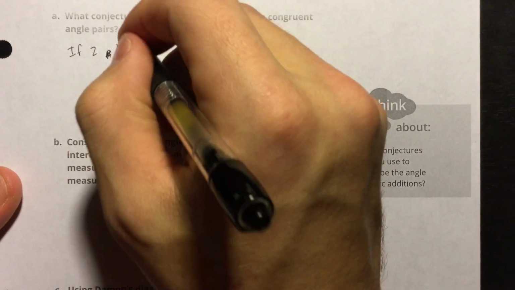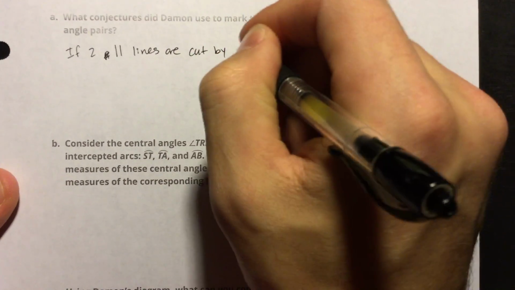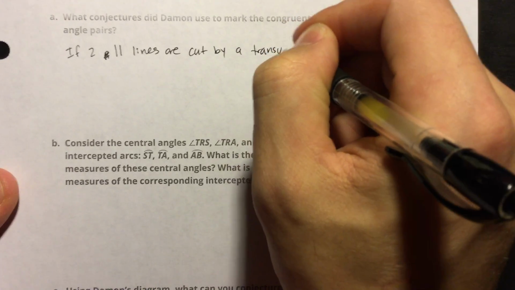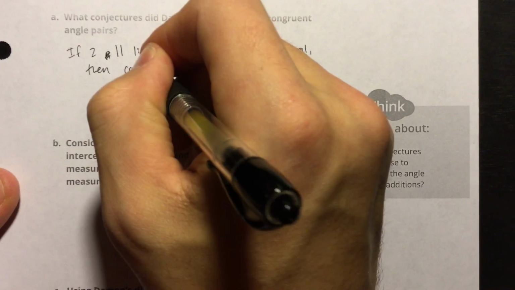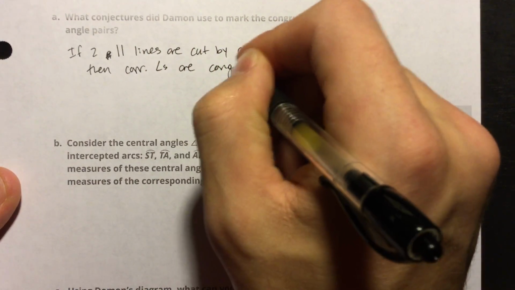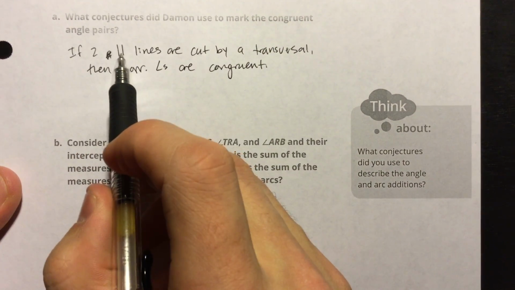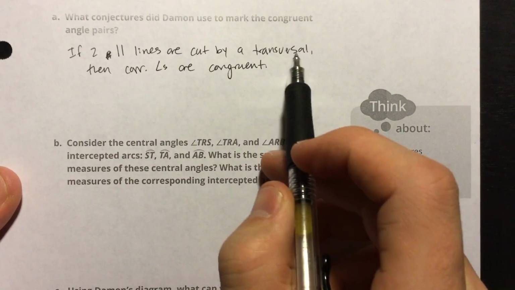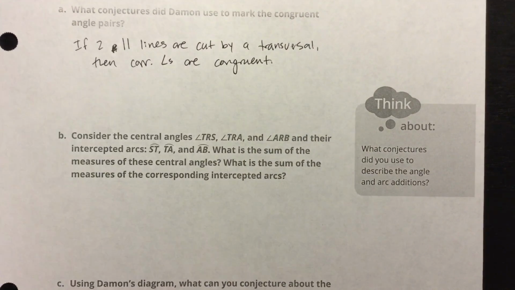So if 2 parallel lines are cut by a transversal, then corresponding angles are congruent, right? So if 2, this is the symbol for parallel, if 2 parallel lines are cut by transversal, then corresponding angles are congruent. Boom, okay? So that's one of them. That's one of his assumptions, or one of his conjectures that he used.